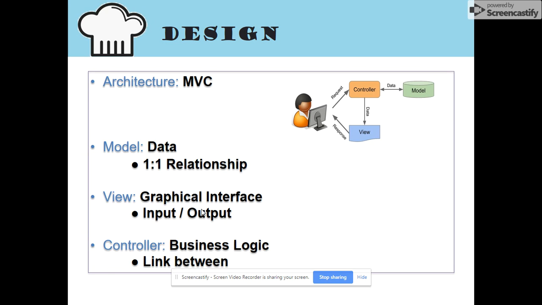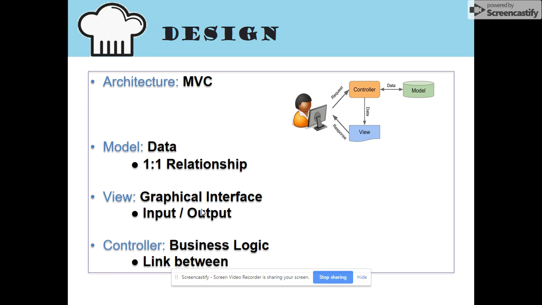So the M stands for model, which is your data, and there's a one-to-one relationship between the models and the database tables. So for each model that I'm creating, there would be then its own table. The view is the graphical interface. So this is where the user can get input and output. As you can see here, their responses are coming in to the view, and that just allows the user to interact with the application.